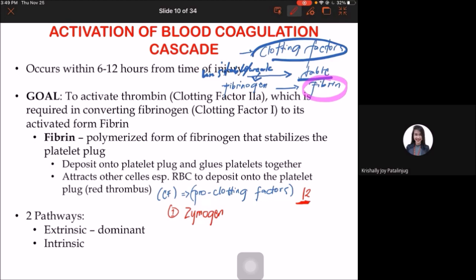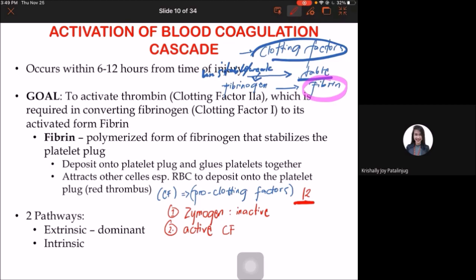It means it is still inactive. Then we also have clotting factors that are termed activated, or active. So the 12 clotting factors I mentioned earlier, initially they are inactive.